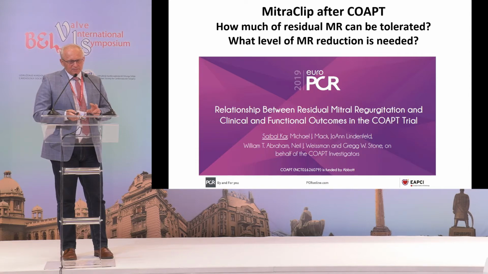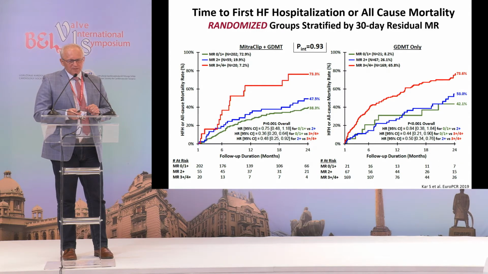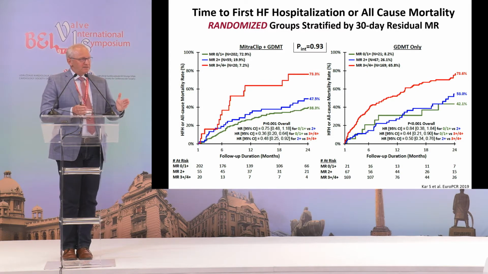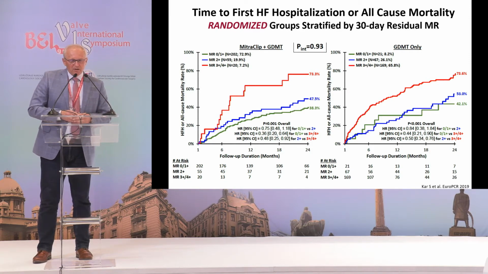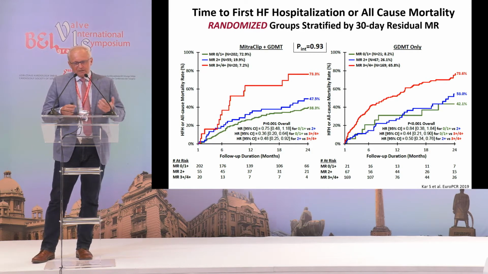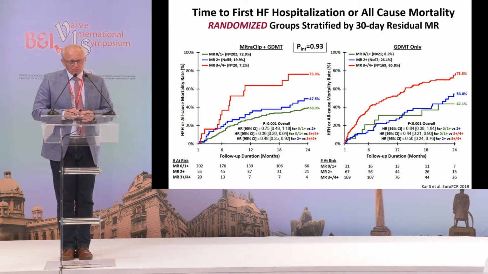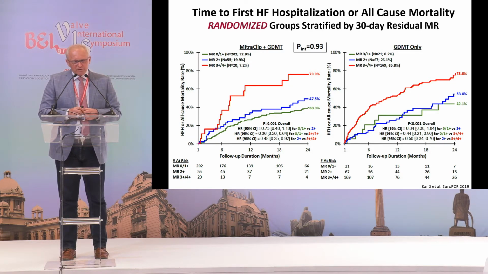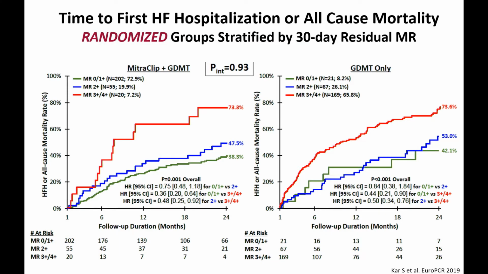There are basically two sets of data I would like to highlight here. One is the analysis from the COAPT. Again, a very clean data set, clean patient population. It presents the outcomes of patients randomized and stratified by 30-day residual mitral insufficiency, either after clip or after randomization to guideline-directed medical therapy.